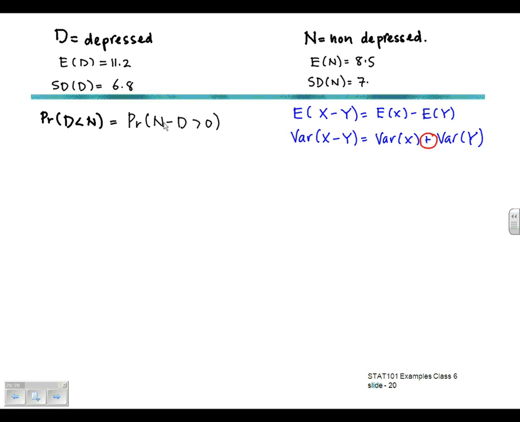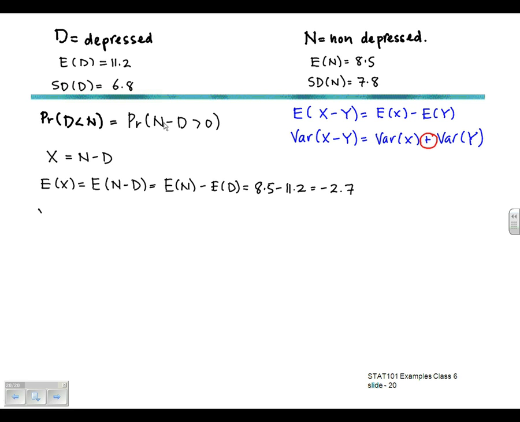So we're considering here the random variable N minus D. So the expected value for that, we'll call it x equals N minus D. So our expected value of x will be the expected value of N minus D, which is equal to the expected value of N minus the expected value of D. And those values are 8.5, take away 11.2, and that gives us negative 2.7.